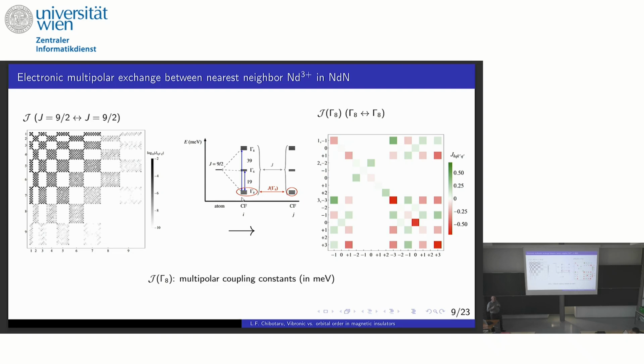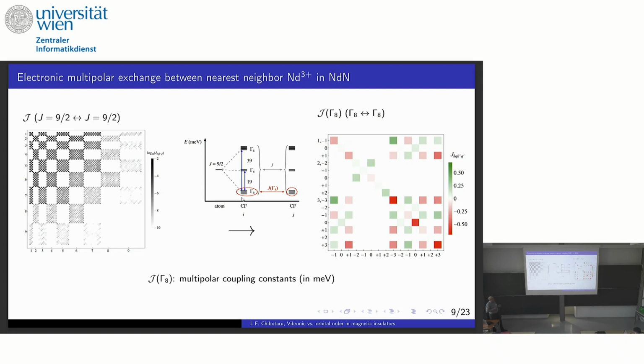What you want to compare, if you want to match the phonon-induced contribution, is the quadrupolar part. It is rank 2, so it's this square. The order of magnitude of the parameters here is about a quarter of a millielectronvolt, about 2 wave numbers.